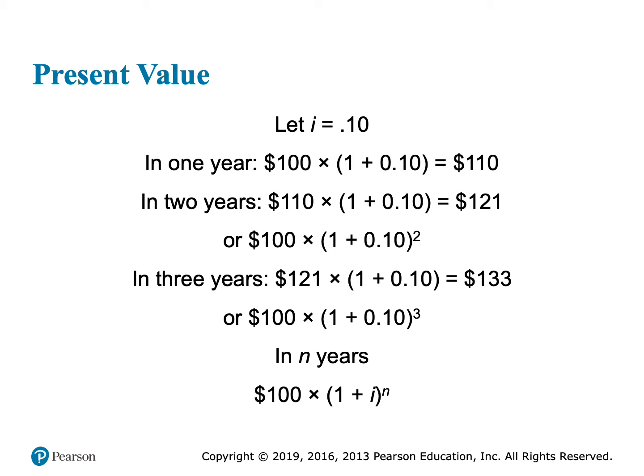Again, let's take that same promise, $110 delivered 1 year from now. Prevailing interest rates are 10%. Would you pay $110 for this promise? Well, no. If I had $110 in my pocket, I wouldn't give it to an individual who is promising to give me $110 1 year from now. Why not?